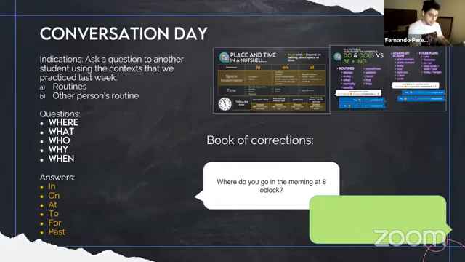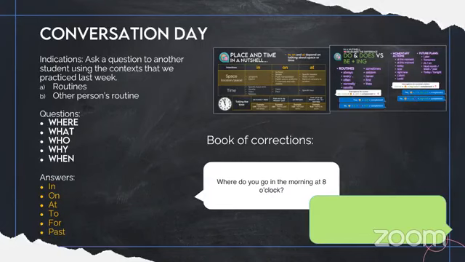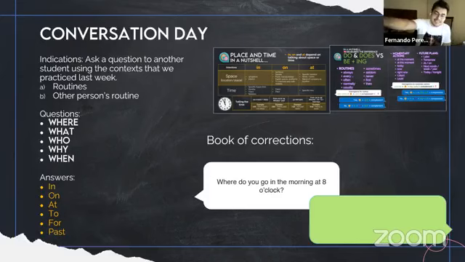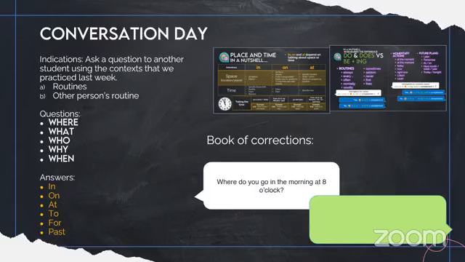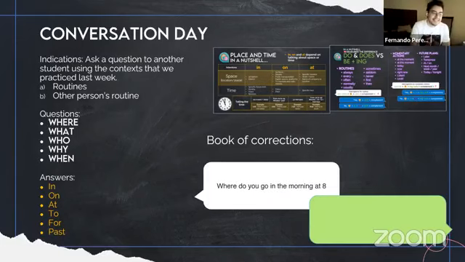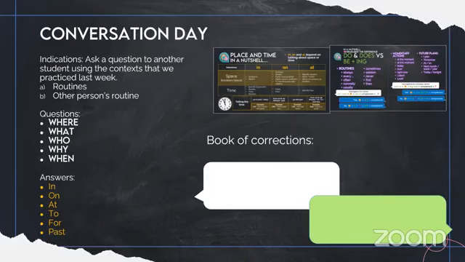So, Jessie, where do you go in the morning at 8 o'clock? Sorry, Karen. Just a second, Jessie. Indications are incorrect. Karen, the question was for another person's routine. Ah, another. Yes, not for Jessie, for other person in Jessie's house.